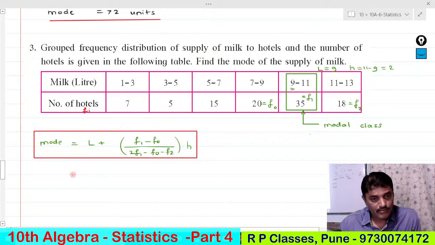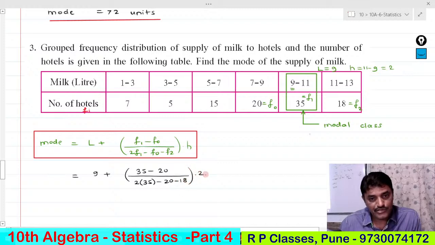Therefore, mode is equal to L plus f1 minus f0 whole thing divided by 2 f1 minus f0 minus f2 into h. Substituting: 9 plus (35 minus 20) divided by (2 into 35 minus 20 minus 80) into h, which is 2.